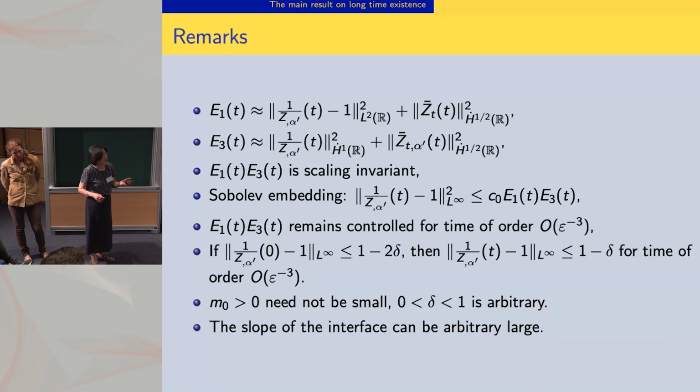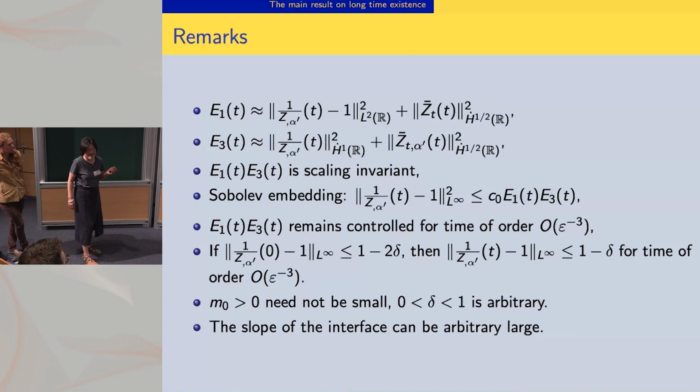This is one way of controlling this. Maybe I don't need it, if you are able to control this. There's no deep physical reason, at least as far as I can see. It's really because I want to control this, and I use this Sobolev embedding. You control one derivative slightly below, so it's above. It's really just an interpolation. I'm able to control this, but I'm not able to control this. So it's just interpolation.